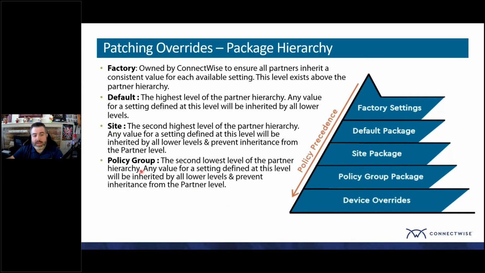So after site is policy group. Policy group allows you to actually, instead of selecting just a site and selecting all the machines at the site, select multiple one-off endpoints, for example.